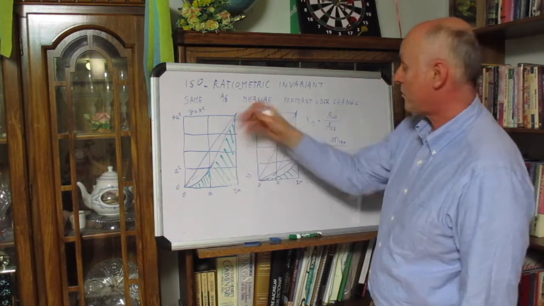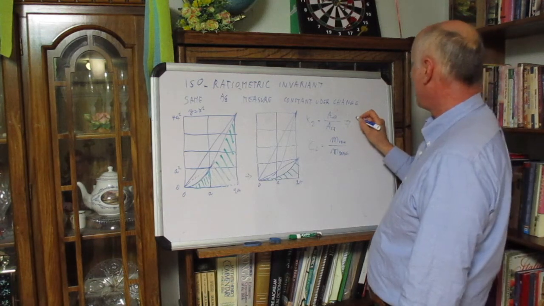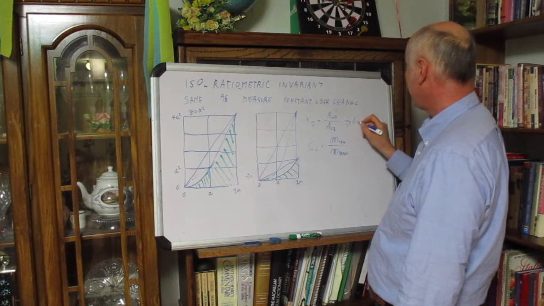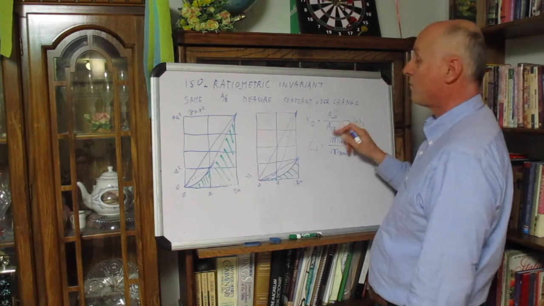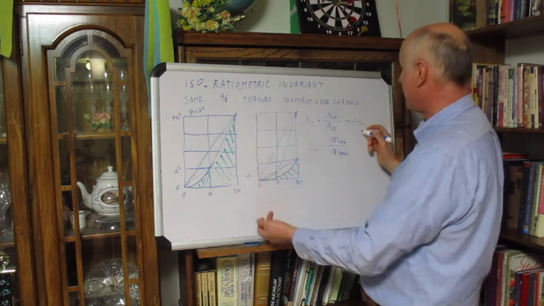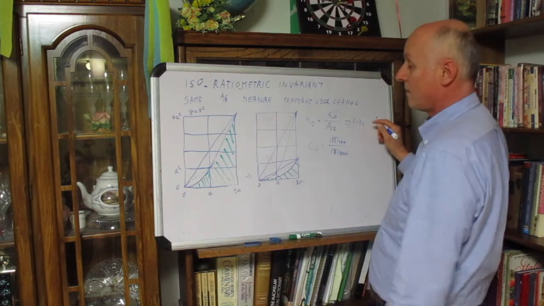And it doesn't matter which box. So this gives you area equals K2 times the area of the box. Now what's the area of the box? Well, that's base times height, right?